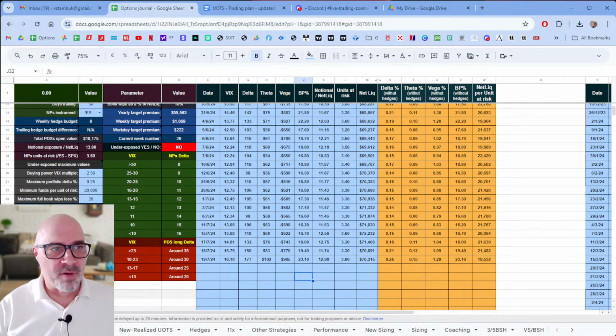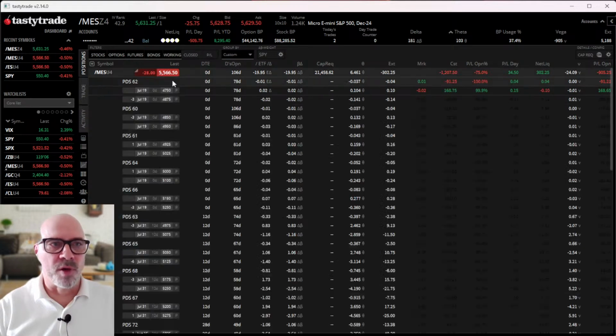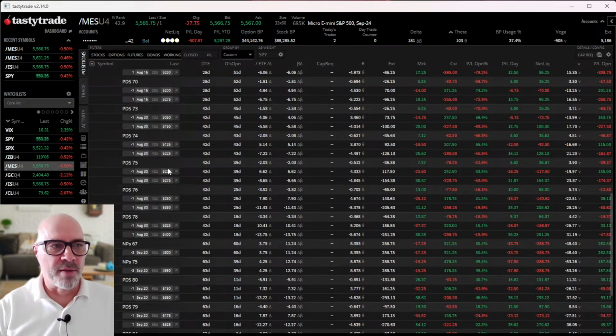We are a little bit under with our funds per naked per unit of risk, and then book wipe is fine. So if we had any trades at the moment that are over 60%, we would go ahead and close them. If we were being extra cautious and wanted to just take something off the table, we could go here and do that.